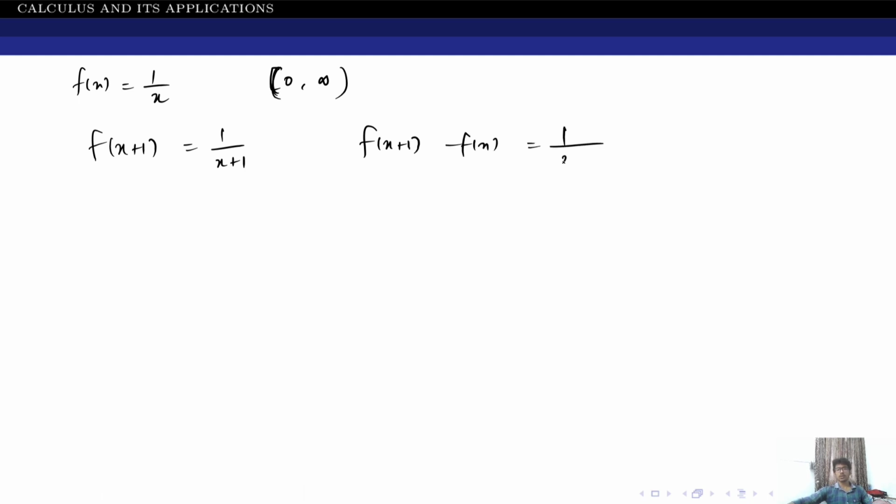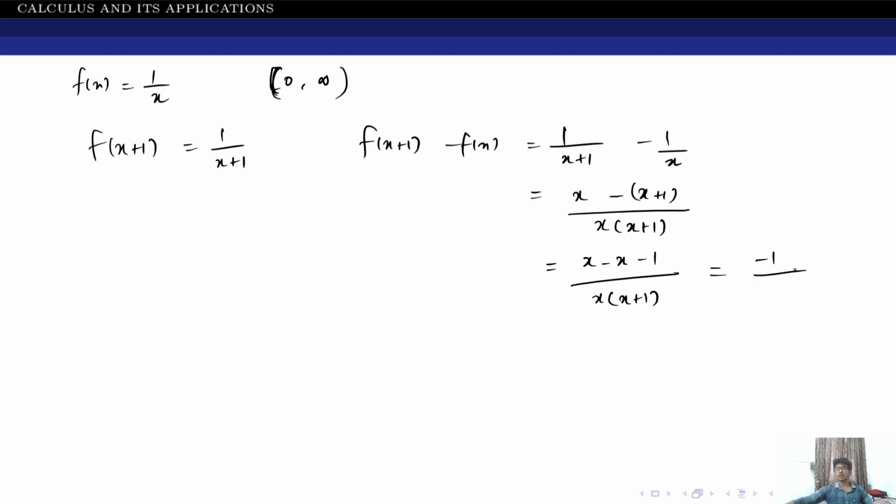This is 1 upon x plus 1 minus 1 upon x. When you take the LCM, you will get x minus x plus 1 upon x times of x plus 1. So this is x minus x minus 1 upon x times of x plus 1. This is minus 1 upon x times of x plus 1.